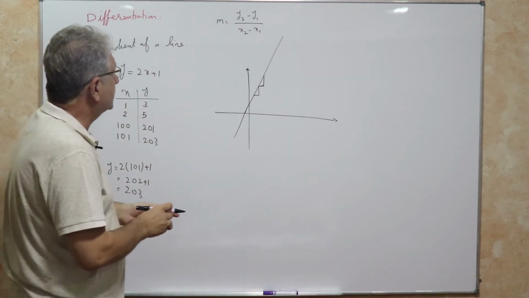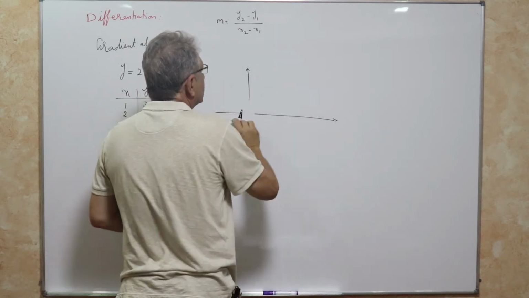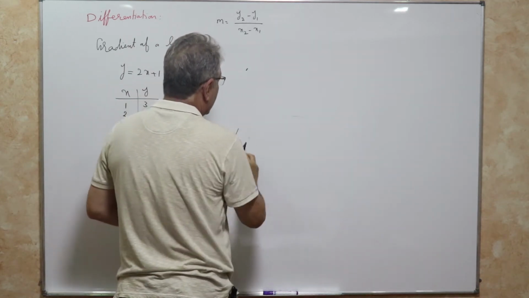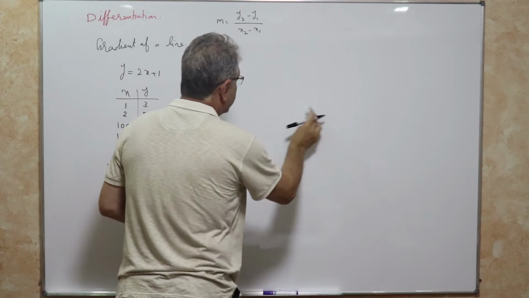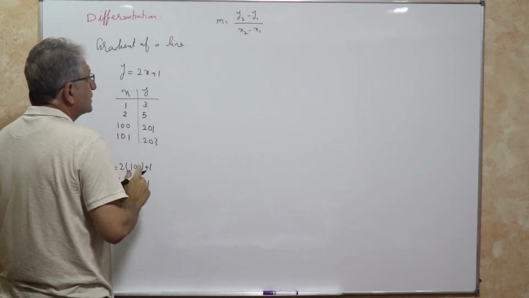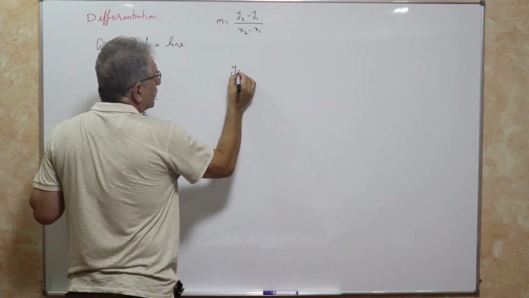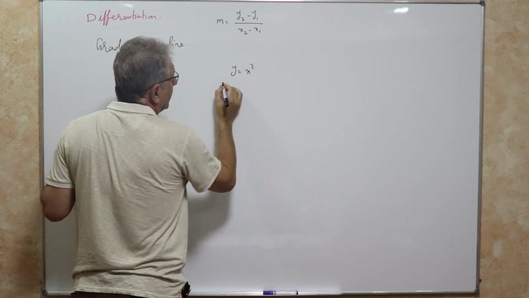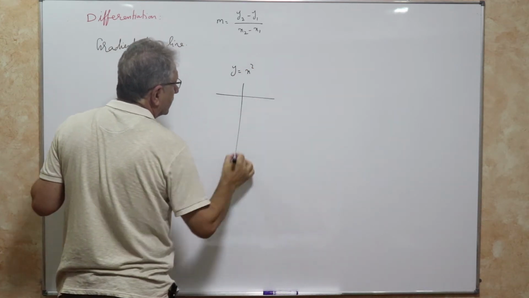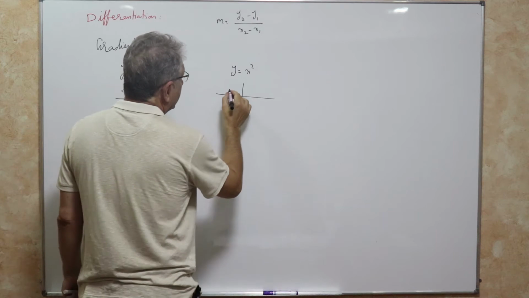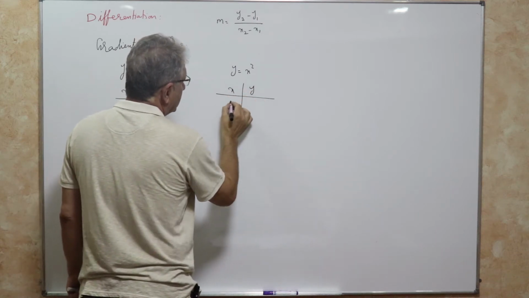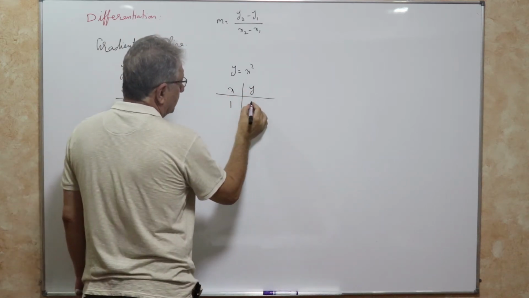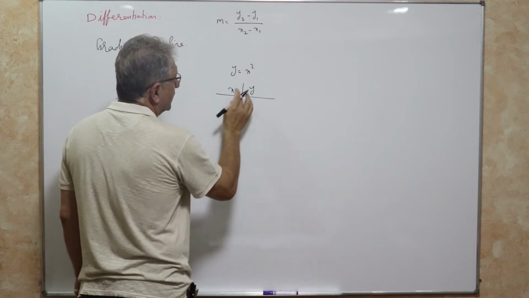Now let us check for a curve. Let us write a simple curve and see whether the curve follows the same thing or not. Suppose I have y equals x squared. If I give x equal to 1, y will be 1, because 1 squared is 1.